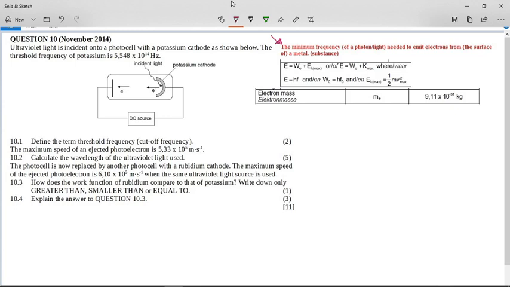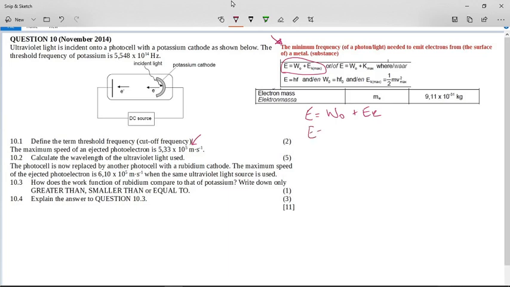We are shining light on here, and the light is causing little photoelectrons to be emitted with this speed. So we know from this formula over here, the energy that you put onto the cathode is going to be split up into some energy, the work function, which is what is needed to emit the electron, plus the kinetic energy that the electron jumps out with.